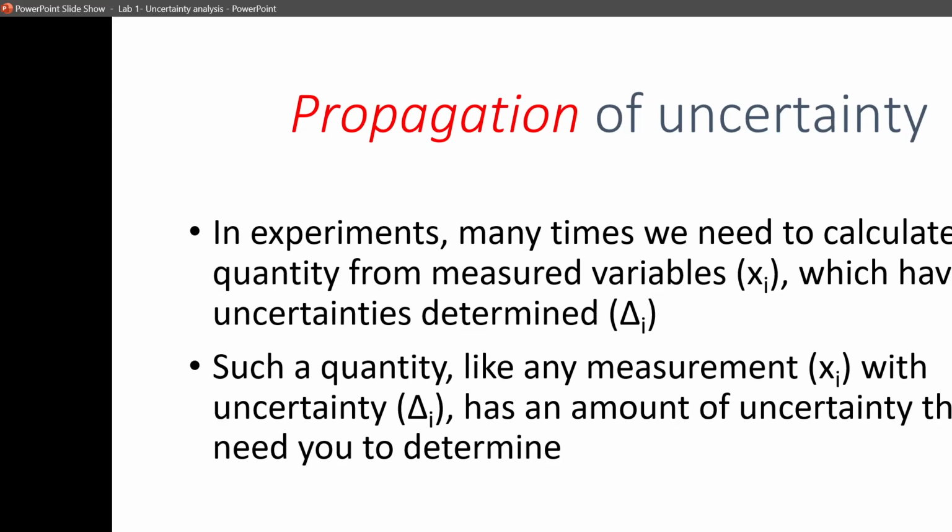You're measuring voltage to calculate power, for example. So you have to measure voltage and current, and then calculate the power using those two, right? Both voltage measurement and current measurement have uncertainties. We want to know how these two uncertainties propagate to power calculations. That is the goal. Should we just sum them up? Should we take the average of the uncertainty? What should we do?